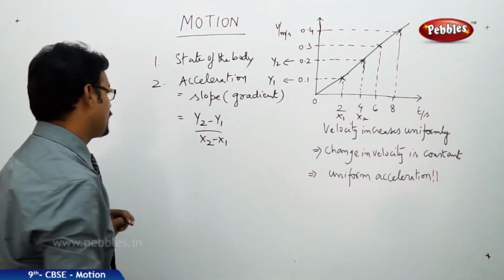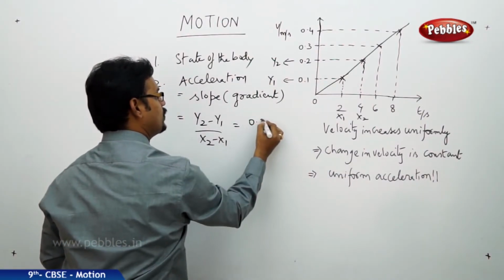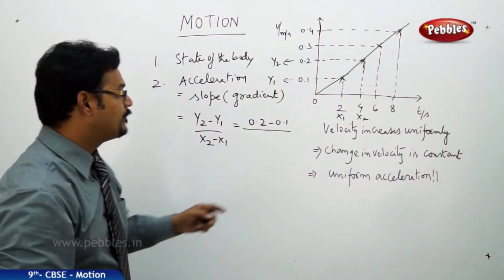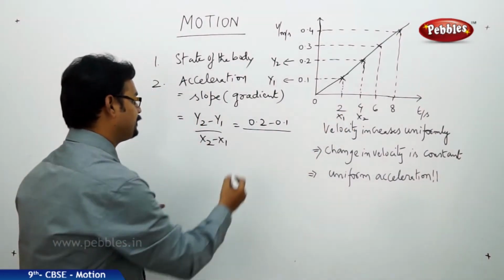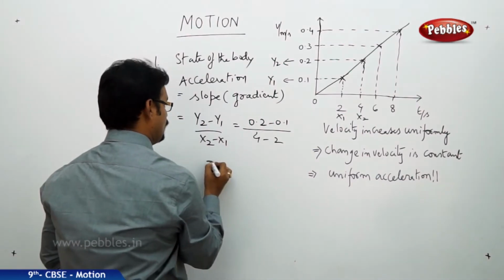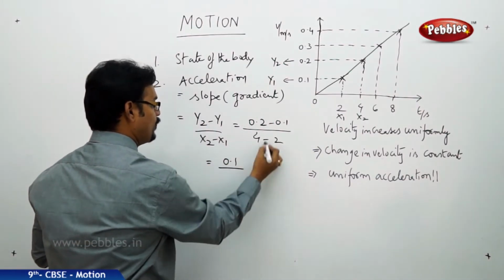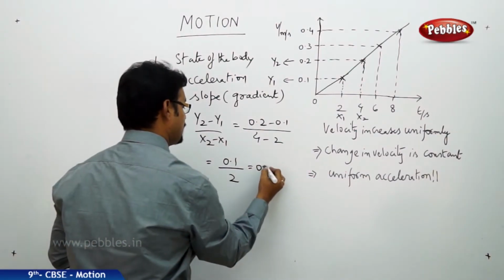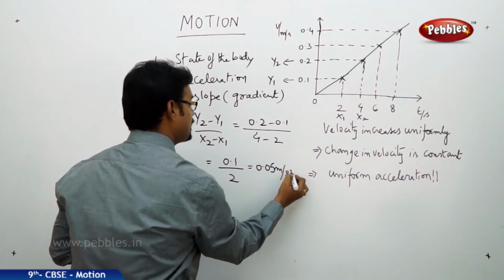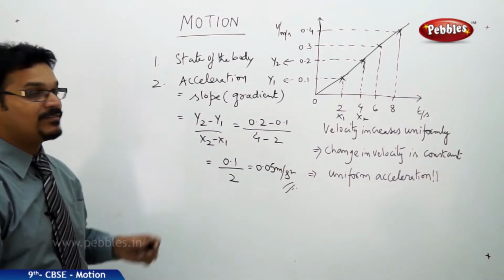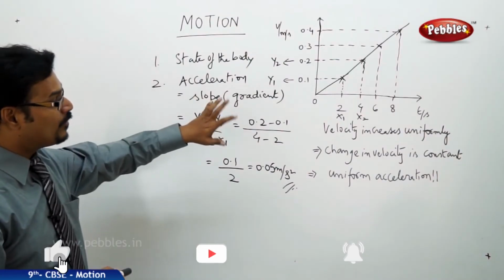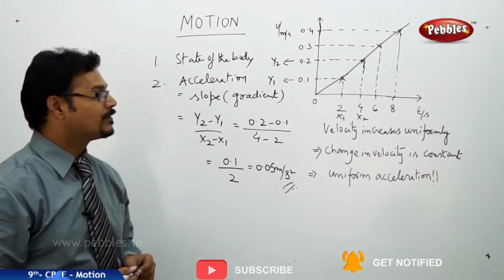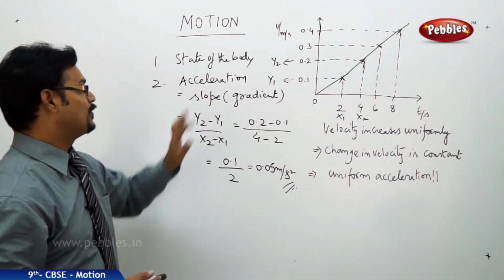So y2 minus y1, 0.2 minus 0.1, divided by x2 minus x1, 4 minus 2. So 0.1 divided by 4 minus 2, it is 0.1 by 2. So what is the answer? You are correct. It is 0.05 meters per second square. See the beauty of this graph. This graph not only tells the state of the body, it gives the acceleration also, 0.05 meters per second square. Right? So only slope is possible here.